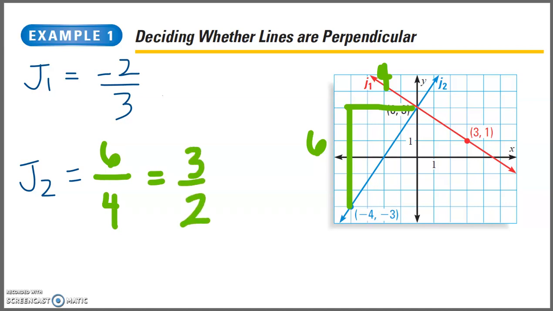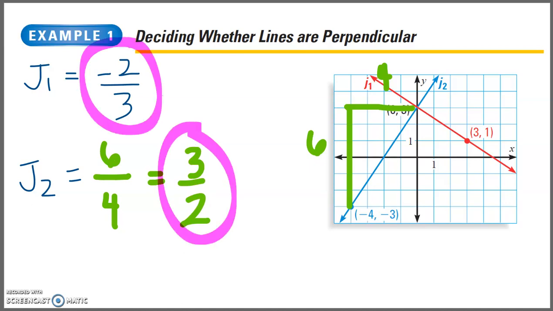Now let's take a look at this slope versus this slope. Are they opposite reciprocals? Are they flipped and has the sign changed? I'm going to say yes, they have. Another way to verify that they're opposite reciprocals is to multiply these together. Negative 2/3 times 3/2.